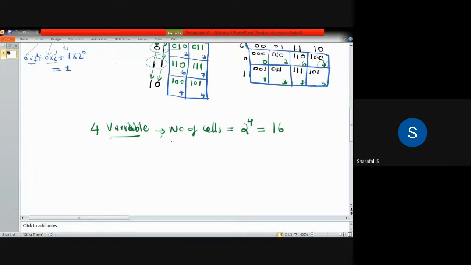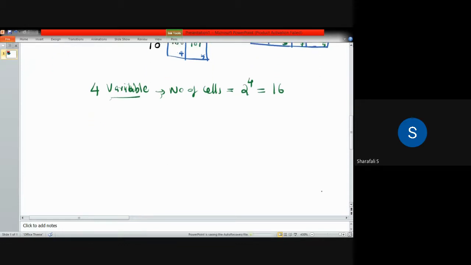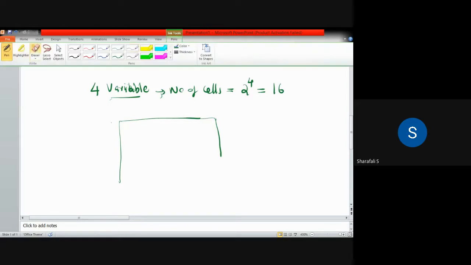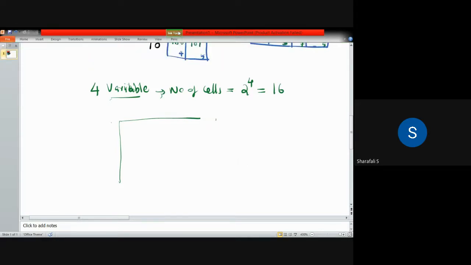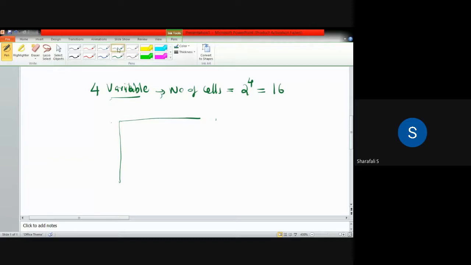So we need 16 cells in this. If you draw that, then it will be like this. I'm drawing it very roughly, so the drawing will not be that good. You can draw it neatly in your book.